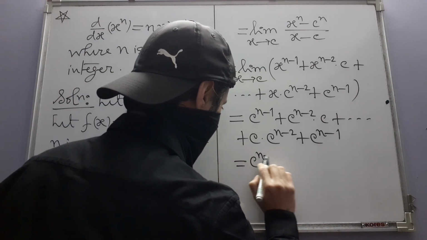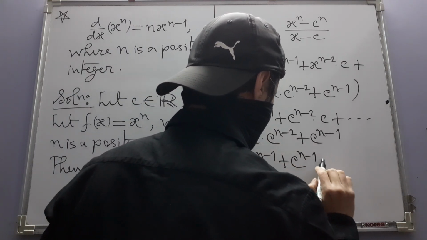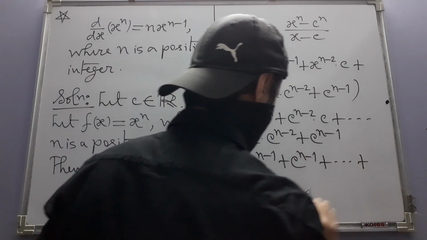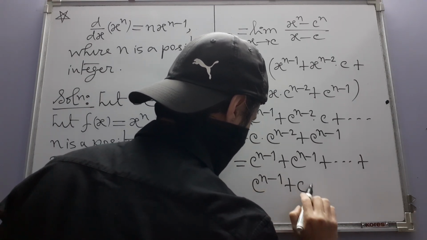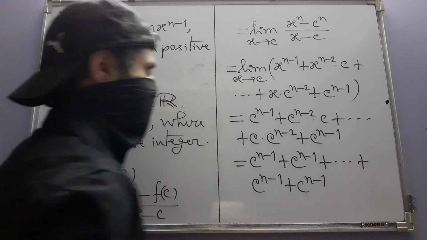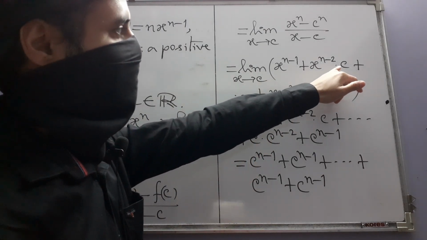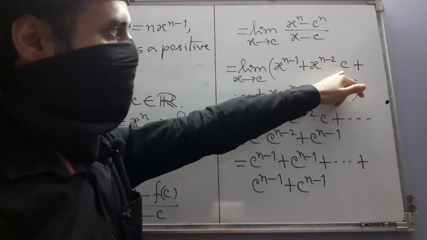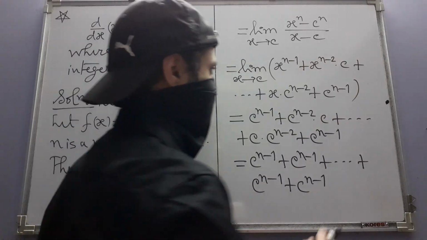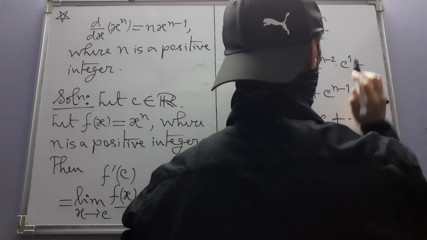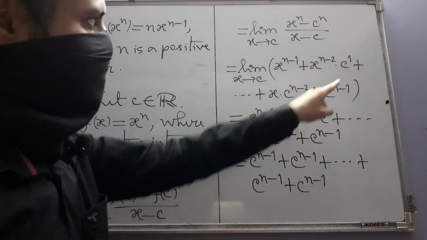And now we can clearly see that this is just a number of c to the power n minus 1s. But the question is how many? How many terms do we have in this sum, by the way? If you start counting from the second term here, you can use the exponents of c in these terms to count the number of terms.